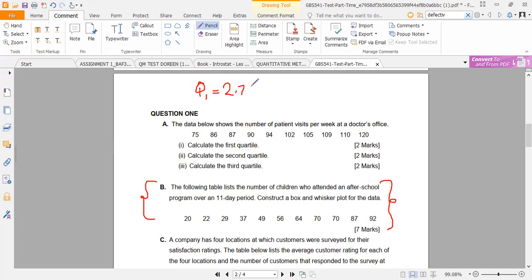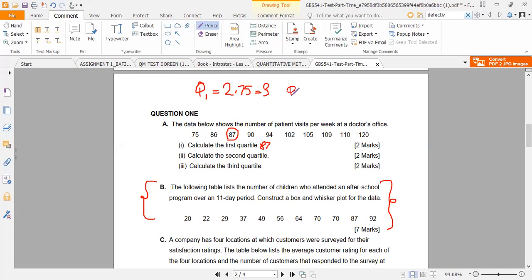So you round off to the nearest whole number, which is what? 3. So the third number, 1, 2, 3. So what is our Q1? 87.